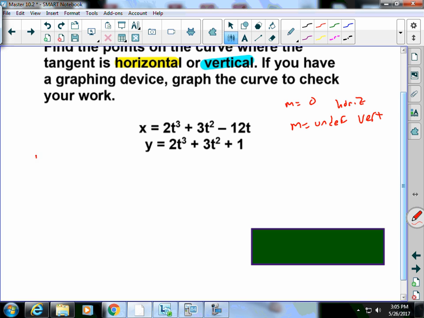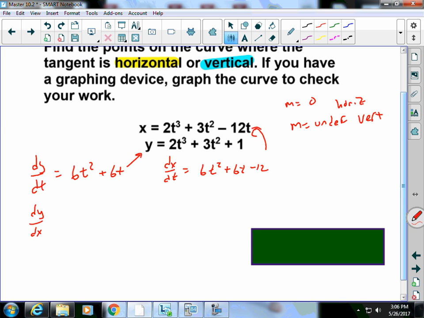So dy/dt, the derivative of y, is 6t squared plus 6t, and dx/dt is 6t squared plus 6t minus 12. Here's my x, here's my y. So dy/dx, I'm going to just build them together.